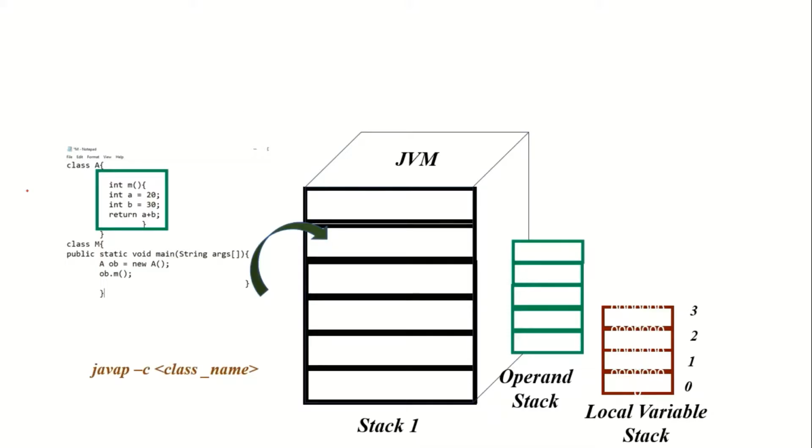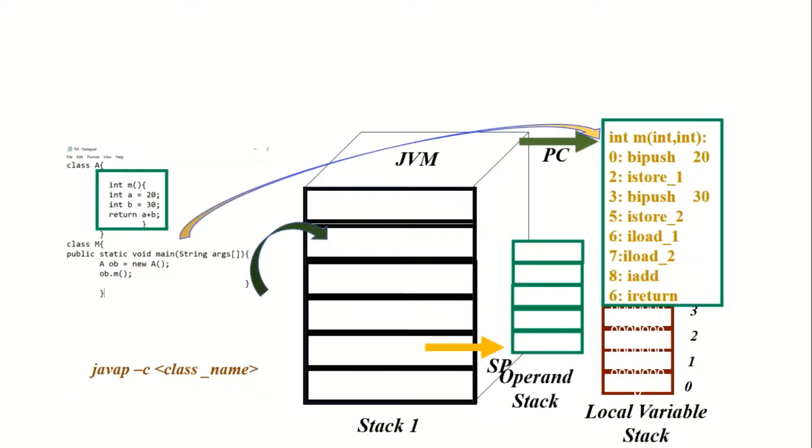Whenever I write java p minus c and the class name in the command prompt, then I will be able to see this bytecode. This bytecode comprises two operations, push and pop, or you can say there is another very basic operation in computer science: load and store.